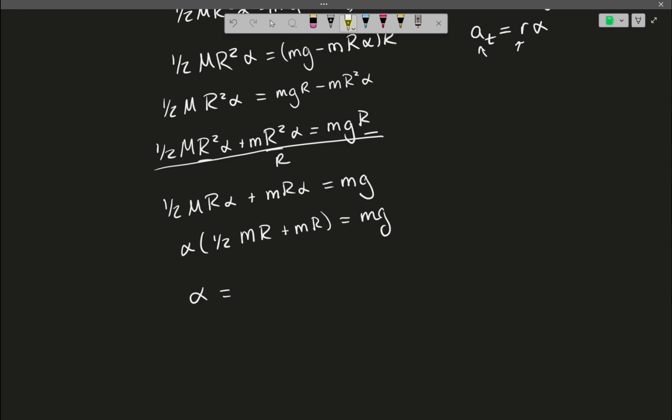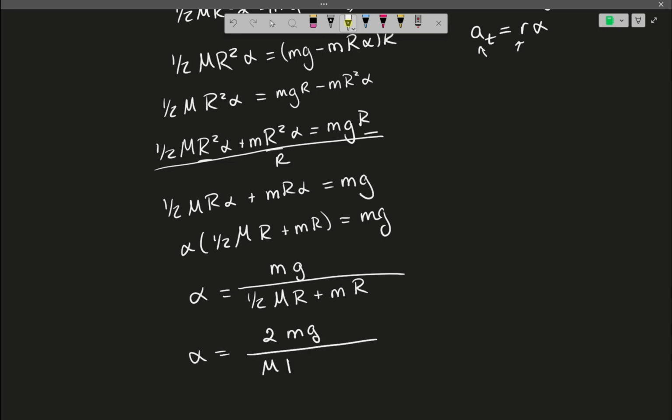So this is going to be alpha is equal to mg divided by 1/2 capital M, sorry about that, capital M r plus lowercase m r. The other thing is I don't like to have fractions within fractions, so I am going to redistribute that. So I get 2mg over capital M r plus 2m r.